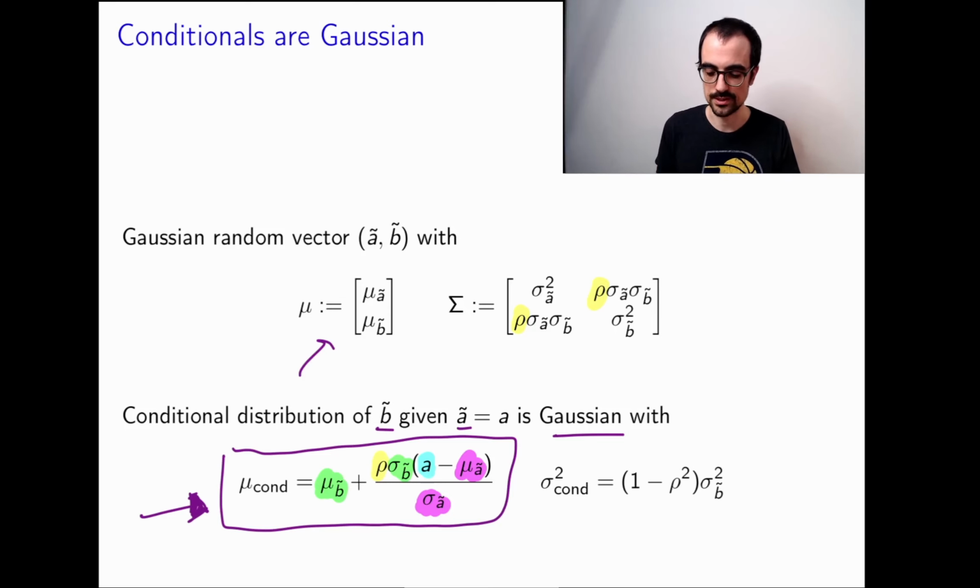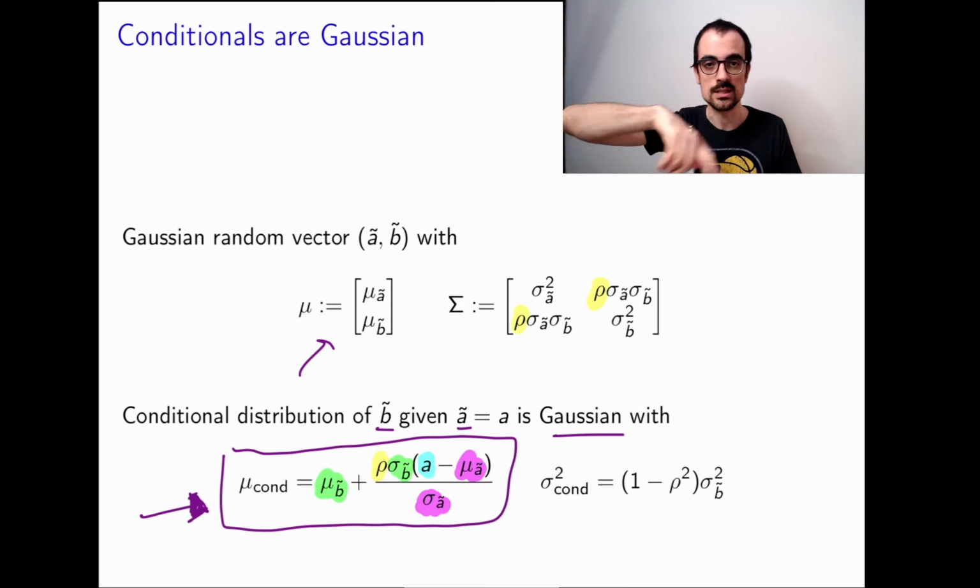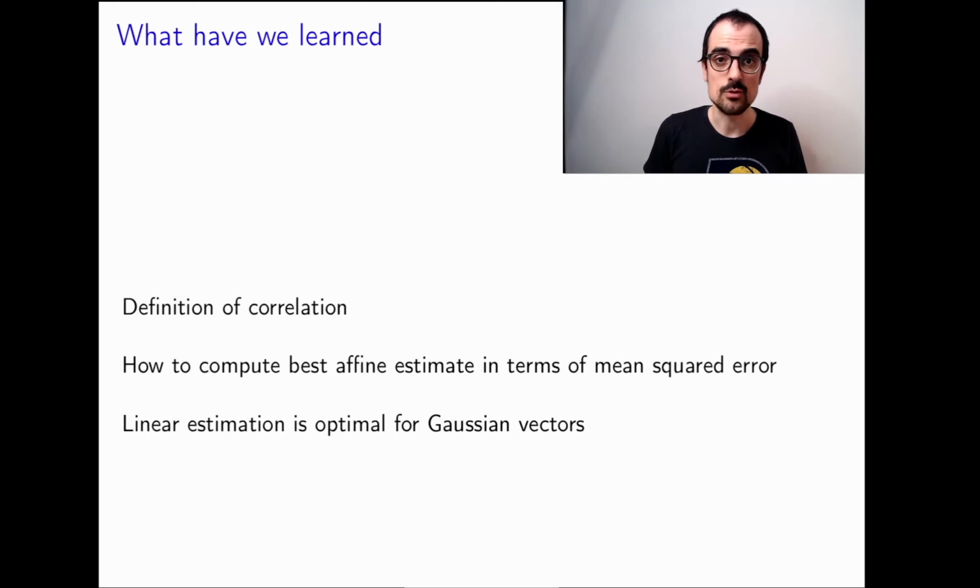You can see this also from the fact that the contours are ellipsoidal. Okay, so what have we learned? We have learned the definition of correlation. We have learned how to compute the best affine estimate in terms of mean squared error. And we have learned that linear estimation is optimal for Gaussian vectors.